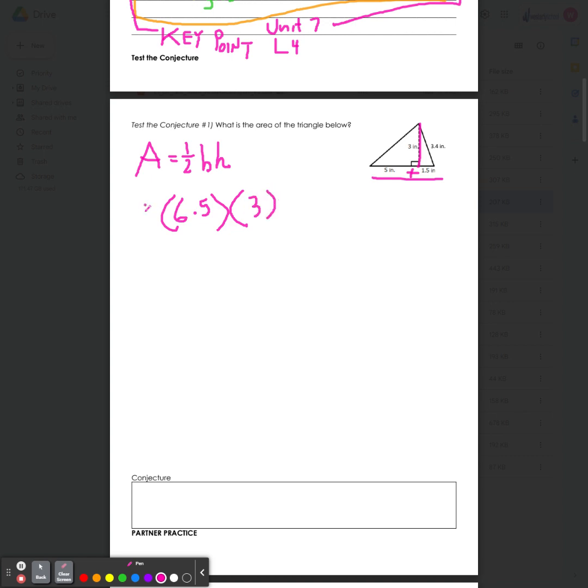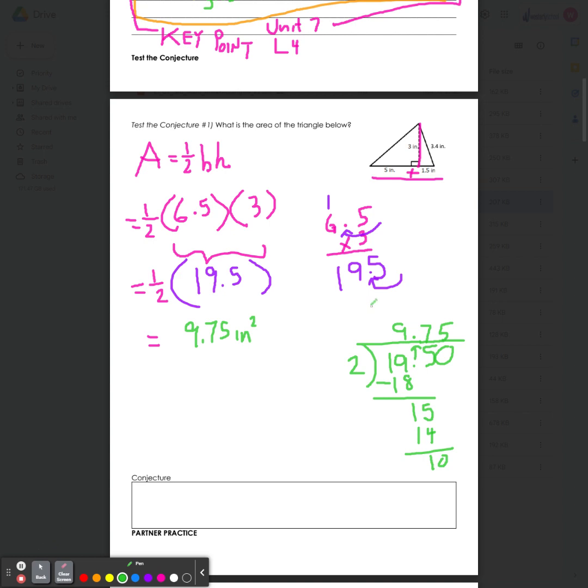And we want to make sure that we're taking half of this product. And so 6.5 times 3 is equal to half of our base times height. And so when we multiply 6.5 times 3, that gives us 19.5. Half of 19.5 is what we see here, which is equal to 9.75. So the area for this triangle is going to be 9.75 inches squared.